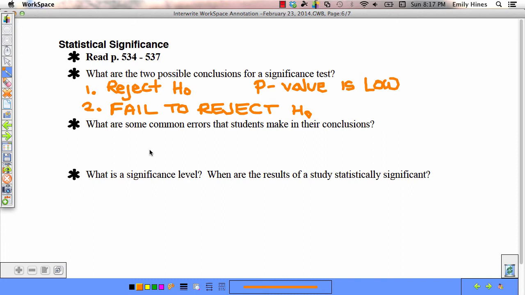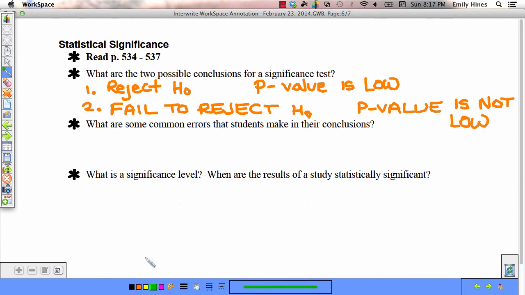I'm saying that my value here has a probability large enough of happening that it could be correct, but you don't know for sure. So if your p-value is not low, then your wording has to be fail to reject the null.